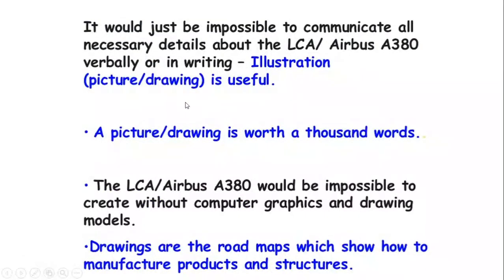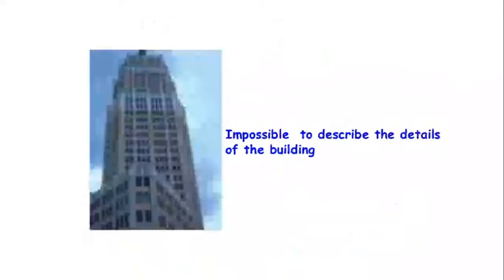A picture or drawing is worth 1,000 words. The LCA and Airbus would be impossible to create without computer graphics and drawing models. Drawings are the roadmap which shows how to manufacture products and structures.